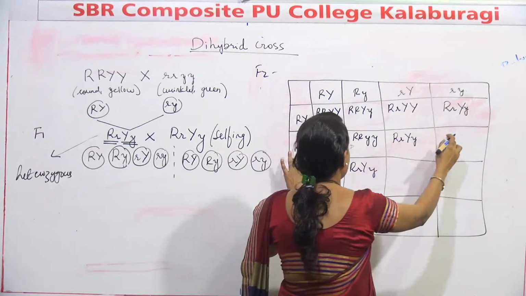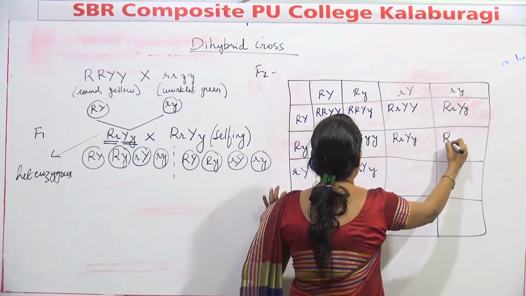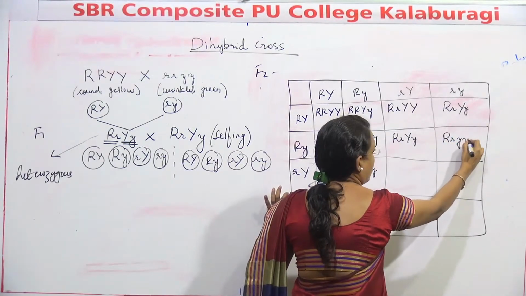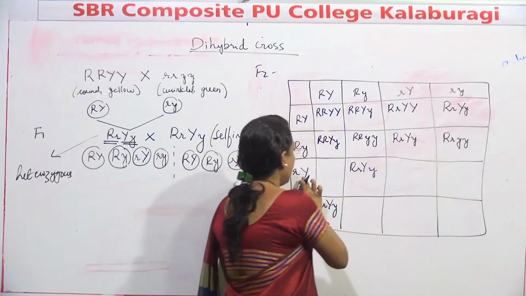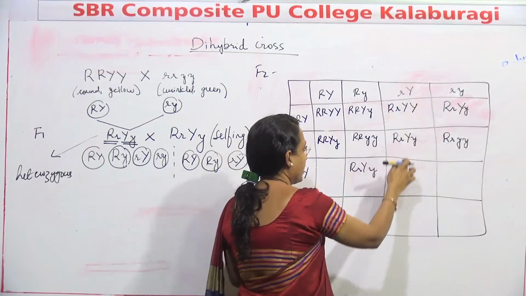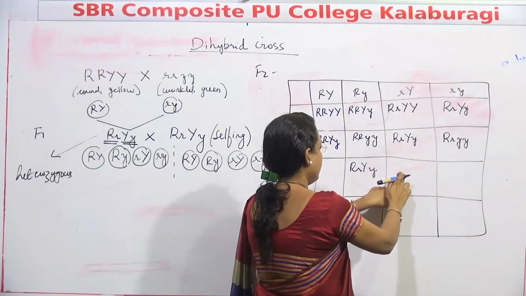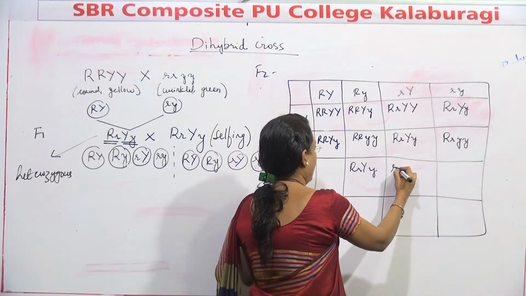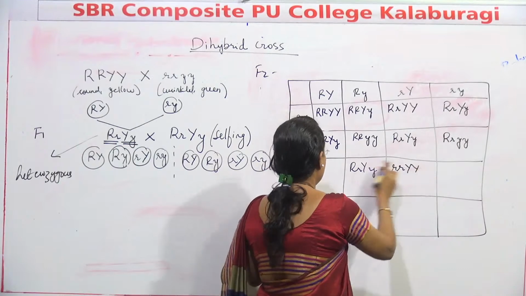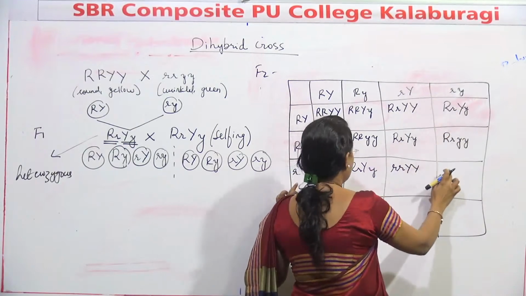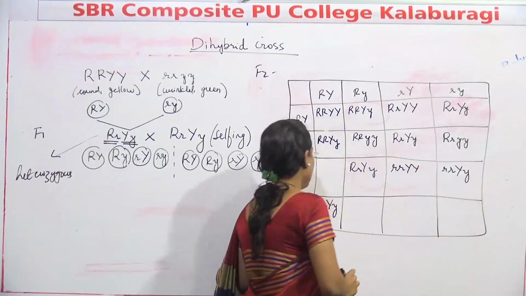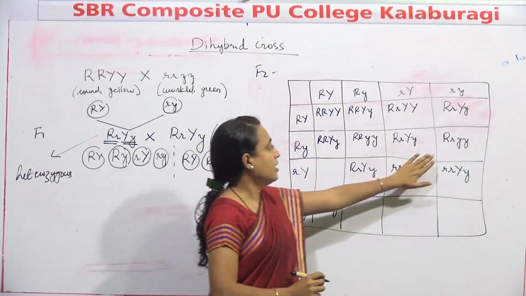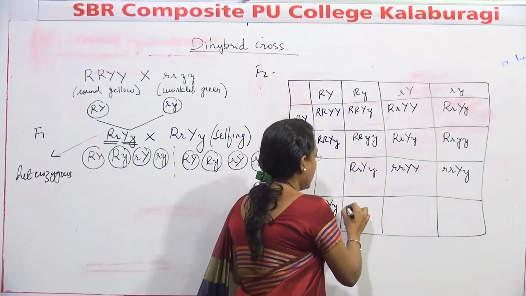Then these 2 gametes, then fusion here. Then this and this you will write. Then further, you continue to write the whole thing.